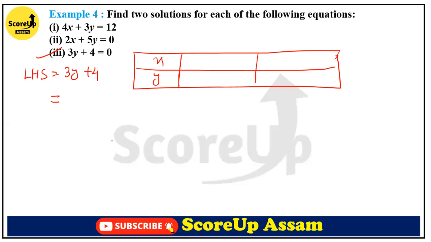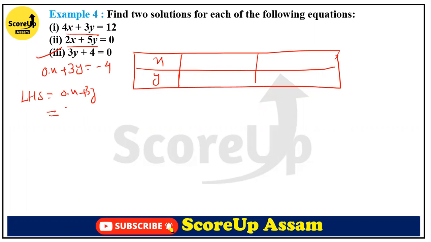Actually we should arrange this equation in this form. Because the constant is on this side, if we arrange it, thrice y is equal to minus 4, right? And the standard form is 0 into x plus thrice y. For what value of this should we get minus 4?